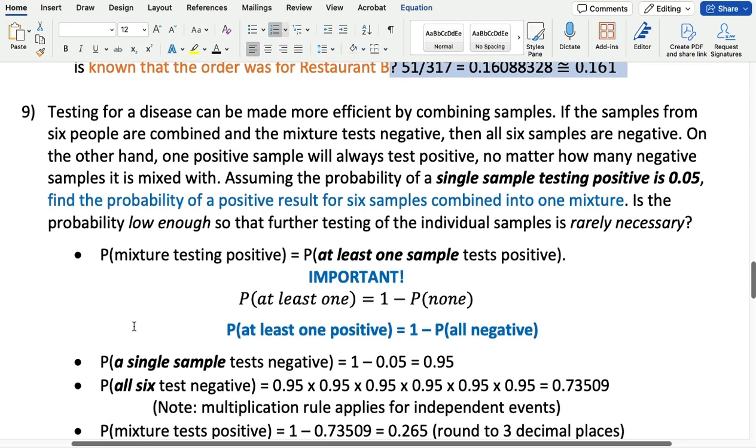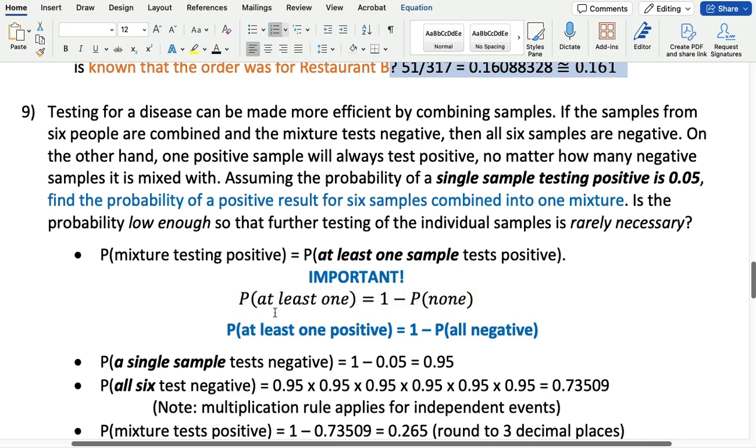So the first thing that we need to note is that we're looking at the probability of a mixture testing positive. And by definition, that's equal to the probability of at least one of the samples in that mixture testing positive. So this is an important formula for us.